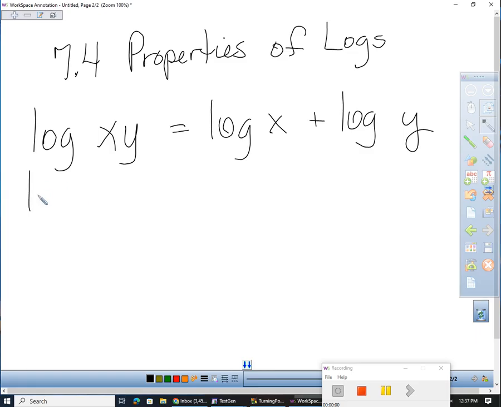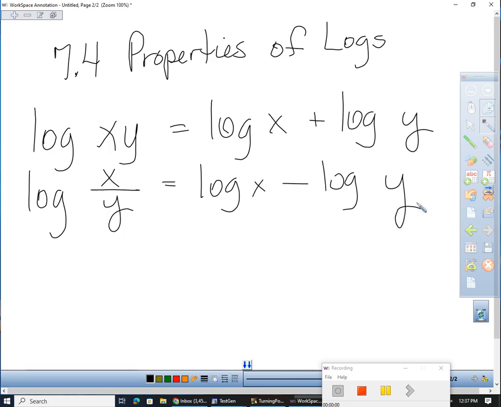In the log world, when we are dividing, we're really subtracting. In the log world, if I have an exponent, so x to the y, that exponent is really the leading coefficient.